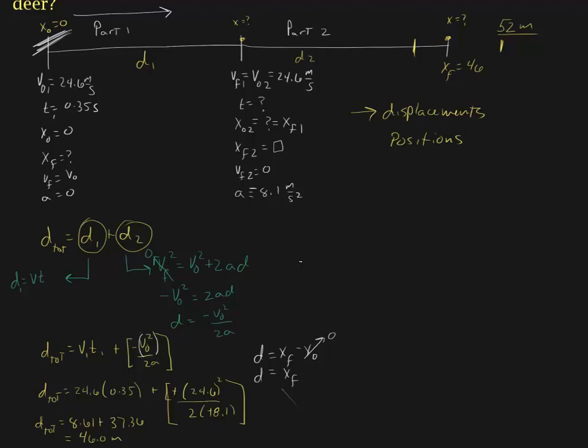That's going to be where the object ends up. Because what are we ultimately looking for in the problem? We're looking for X final of part 2. So we need to model the motion of part 2, and then we'll fill in the blanks.